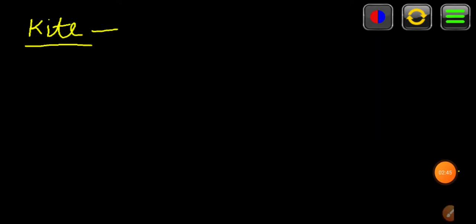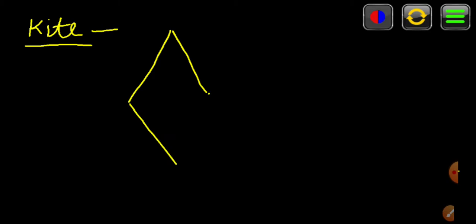So kite, the second one, it is defined like a quadrilateral. But what is different? It has four sides and exactly two distinct consecutive pairs of sides are of equal length.